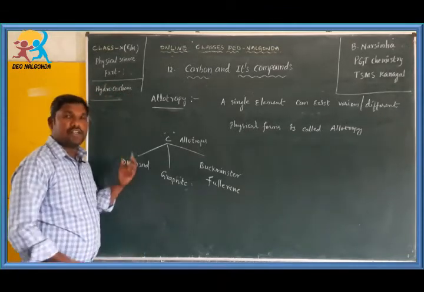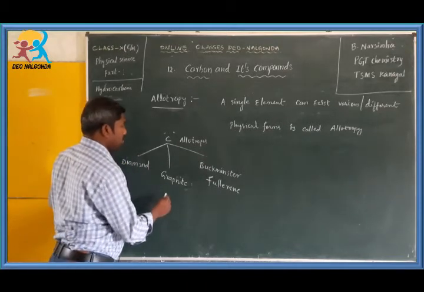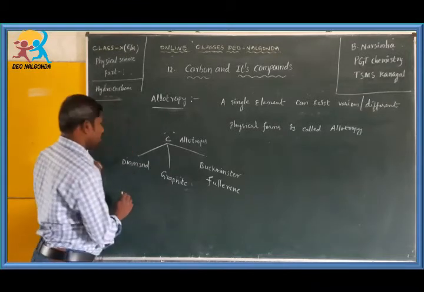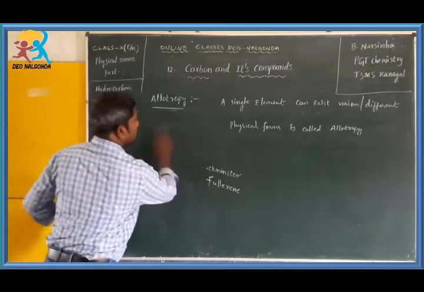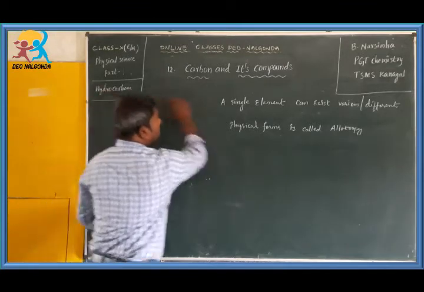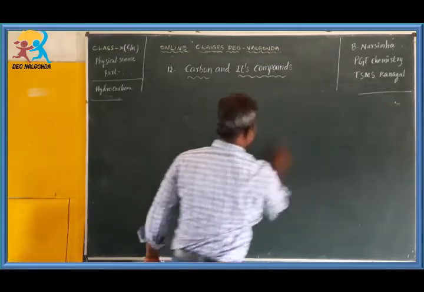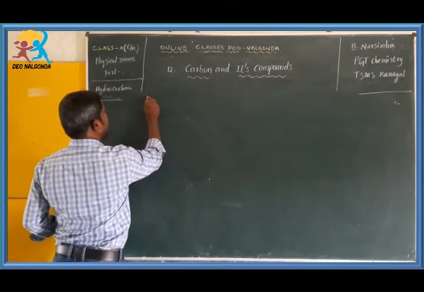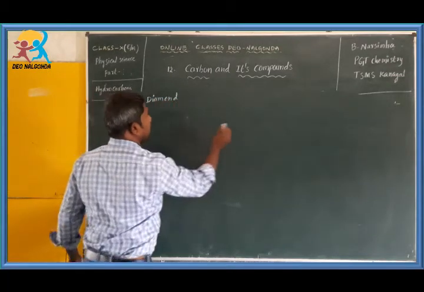And graphite is soft. These are the differences. Allotropes of carbon: diamond, graphite, fullerenes. Diamond and graphite.